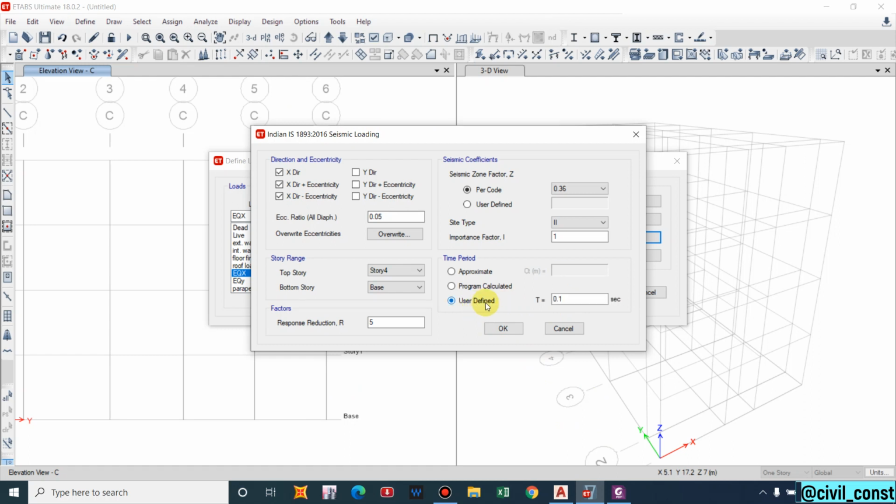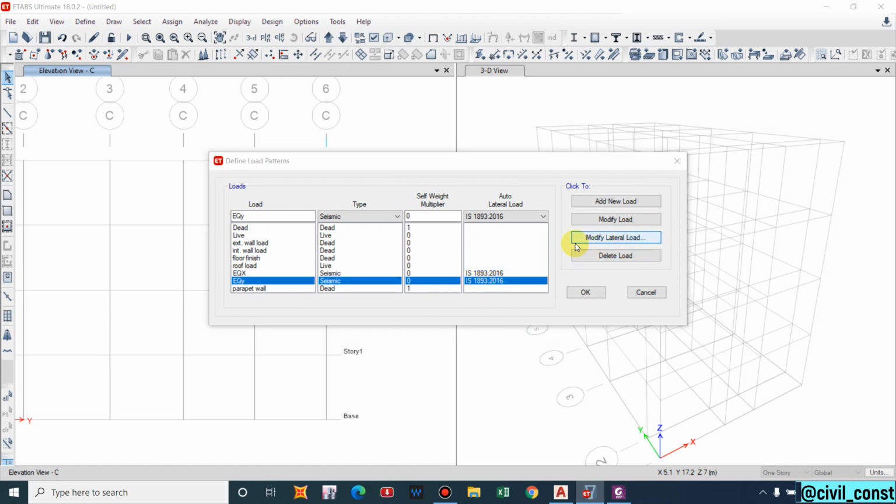Or you can also put it by user defined, that is 0.075 into height of building, so 3 meter, 6, 9, 12, so 12 to the power 0.75. So this is our time period 0.483. Either you can go with this option or you can go with approximate, keeping the constant as 0.075. Okay.